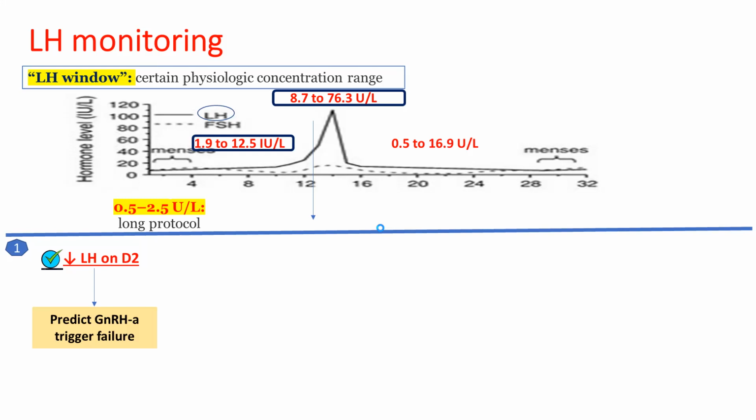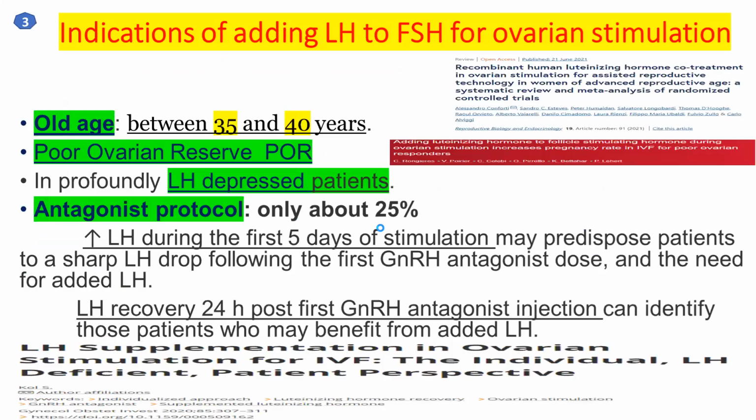Of course, LH has different values in different parts of the cycle, and this comes in another lecture. Today, I focus on the starting point of the menstrual cycle or the induction cycle. So we can add LH to FSH in some cases if it is very low in the patient, if the patient has poor ovarian reserve, or is of older age, between 35 and 40.